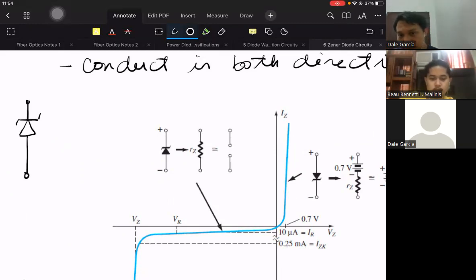It forms somewhat like the letter Z. So the positive terminal is not anymore here, unlike in the rectifier diode, but here. Where the horns are, that is the positive and negative.